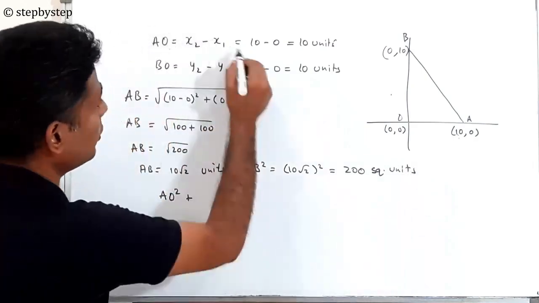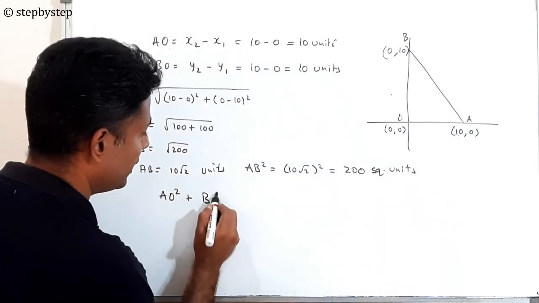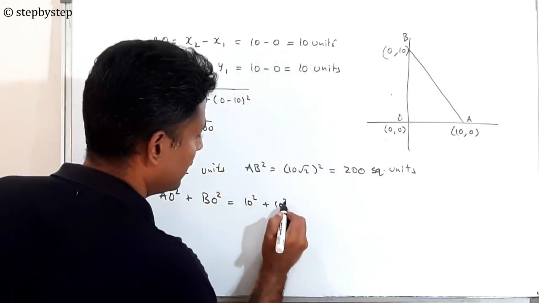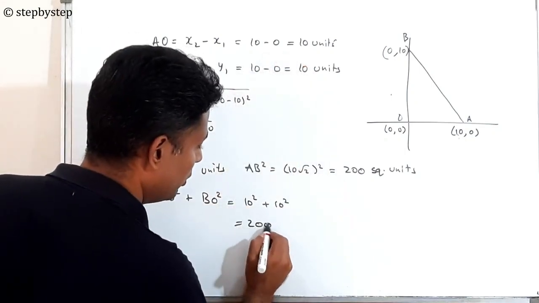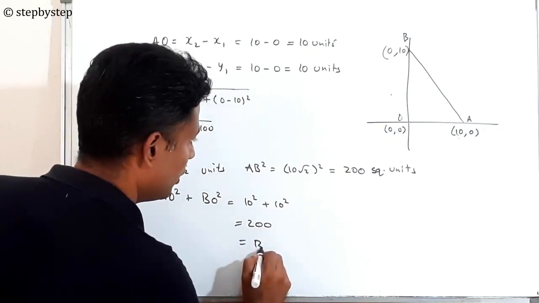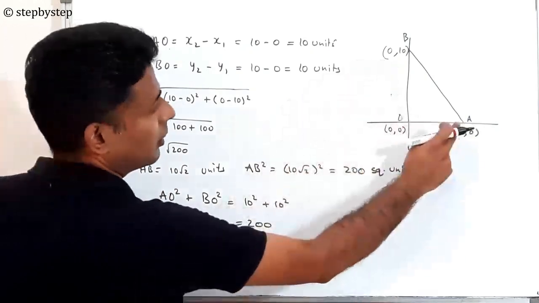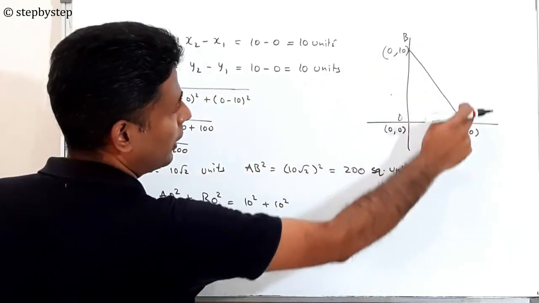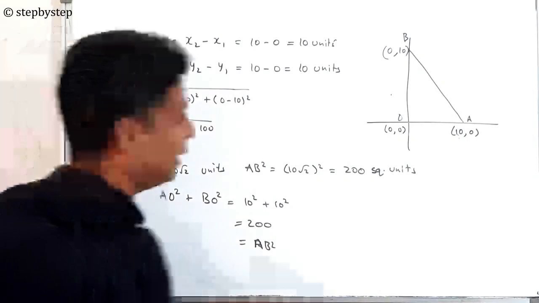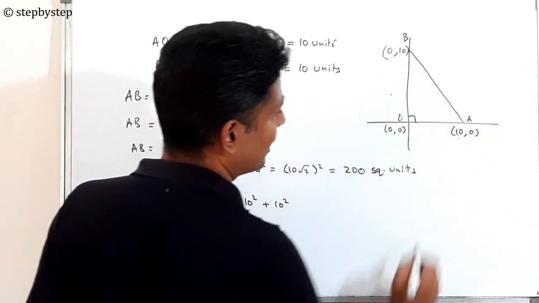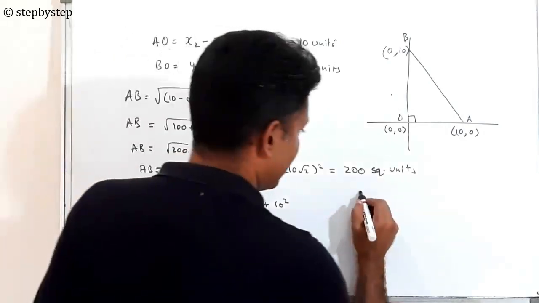So now AO square plus BO square, if we do it, what do we get? 10 square plus 10 square, that is 100 plus 100 equal to 200, which is equal to AB square. So we have got AO square plus BO square equal to AB square, which means this is a right angle triangle, right angle at O. Since this is the hypotenuse, this angle will be 90 degrees.